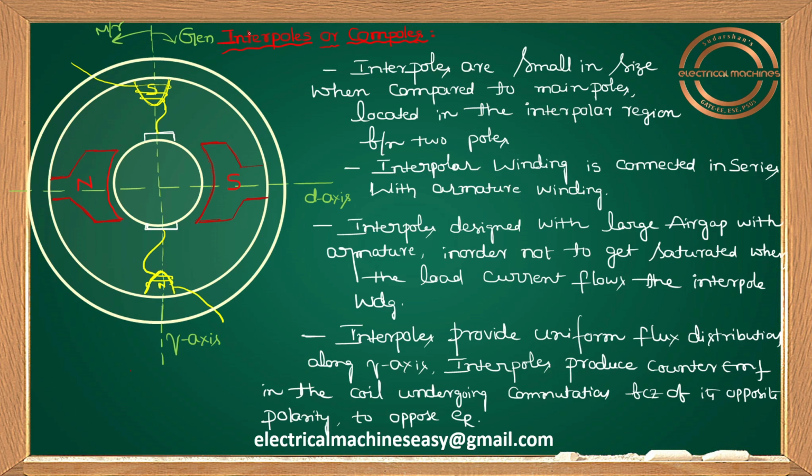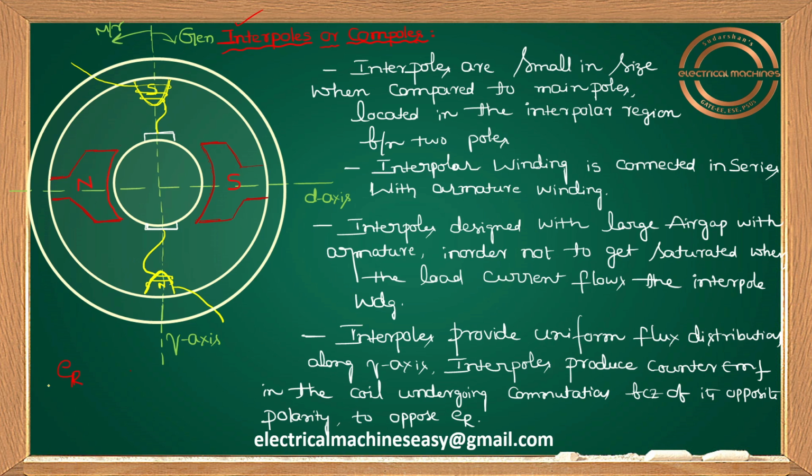Let me discuss interpoles or compoles in this session. First of all, interpoles or compoles are used to reduce the cross magnetizing effect and to reduce sparking of the brushes. Before explaining them, recall from the last session that reactance voltage is the voltage which opposes your commutation, thereby causing delayed commutation.